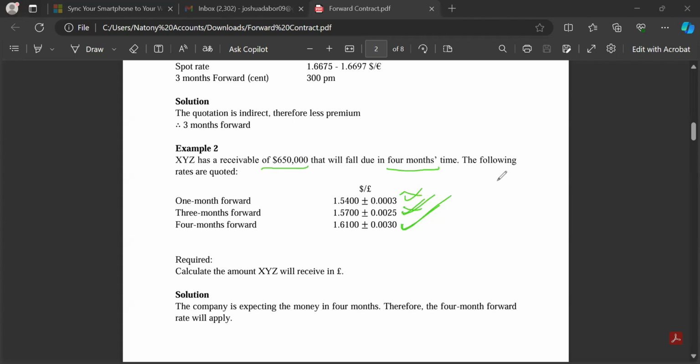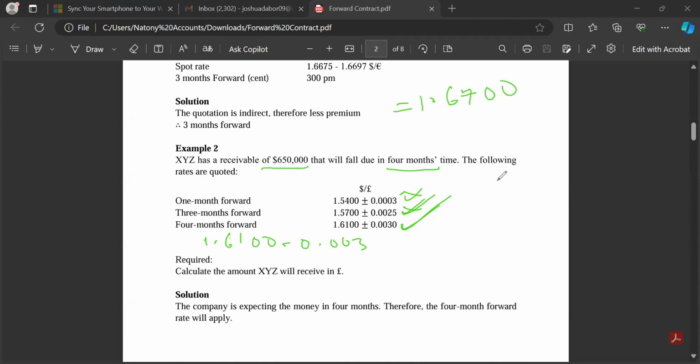So you do your adjustment first by saying 1.6100 minus 0.003. What would that give? That will give 1.6700.